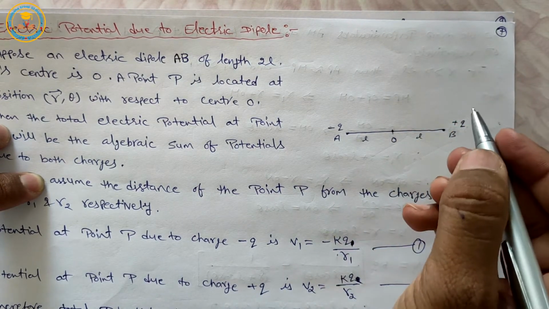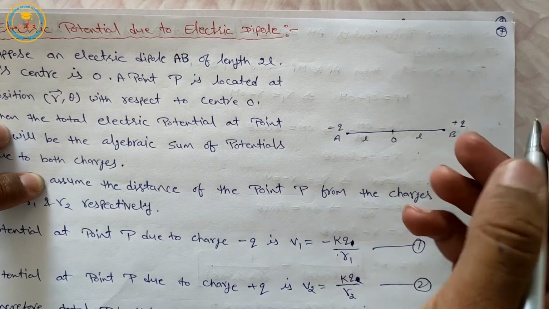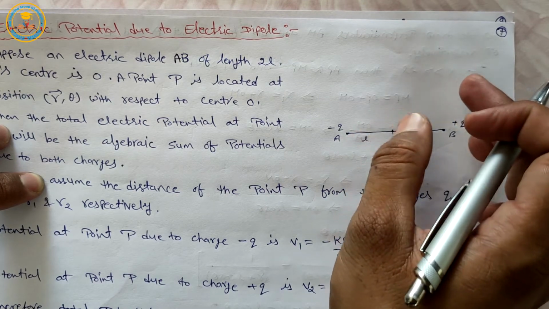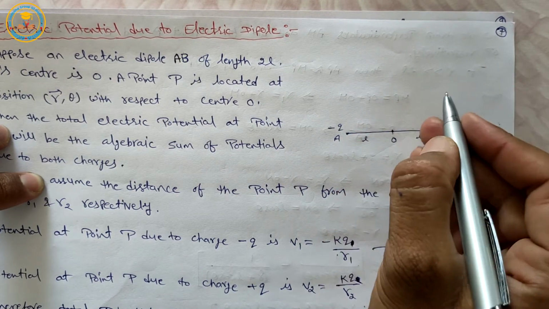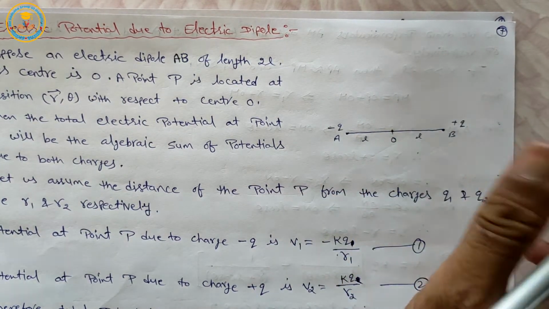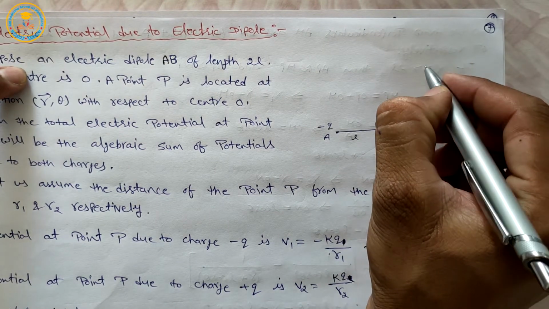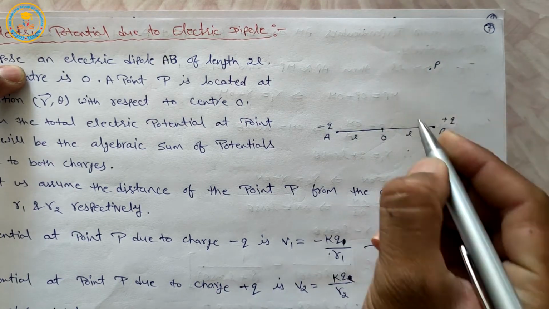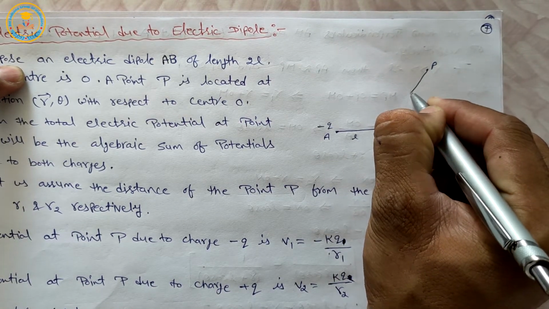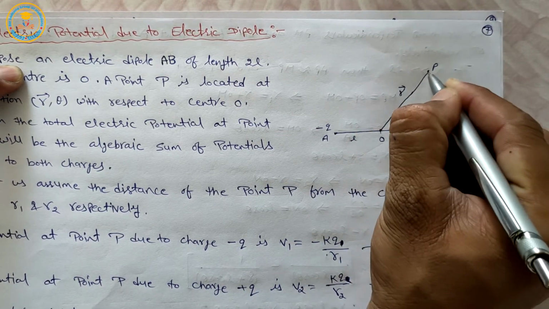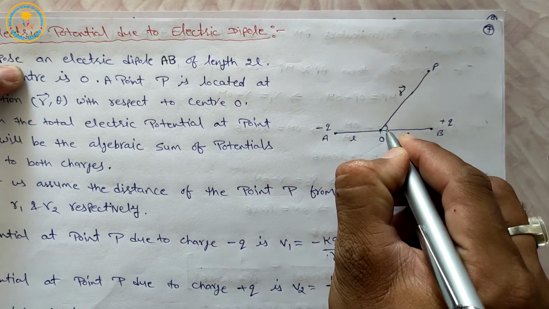And theta is the angle between the direction of this electric dipole and the line that joins the point P and O. Okay. Suppose that point P is here and this distance is r vector. Okay, and this angle is theta.